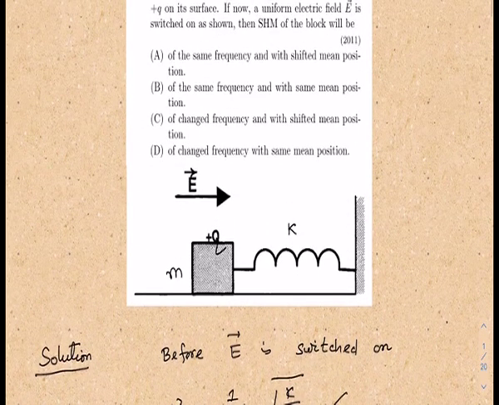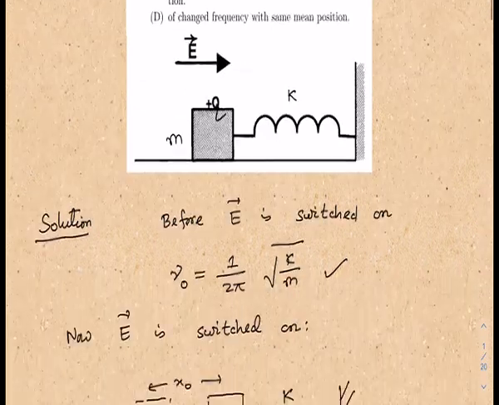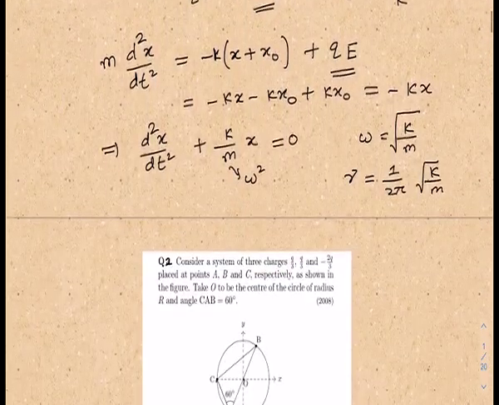So I can easily see that option A is the correct one. The SHM frequency is not changed, it remains the same, only its mean position is shifted. So only one option is correct in this problem, and that is option A.